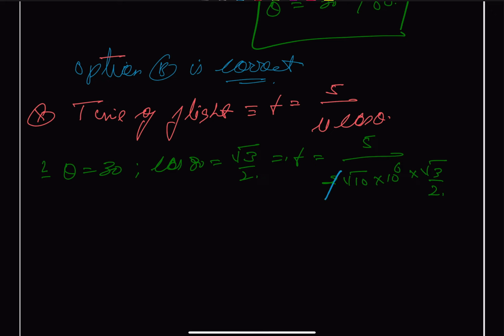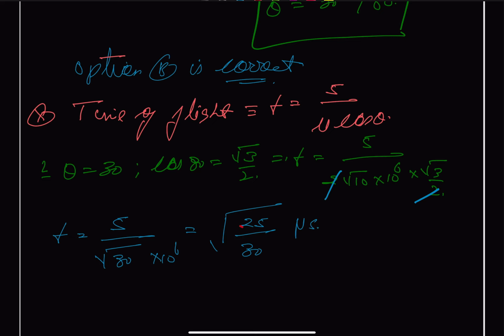So here 2 goes with 2, and this comes as square root of 30. So we get our t is equal to 5 divided by square root of 30, into 10 to the power 6, and we can write this as square root of 25 divided by 30 microsecond.